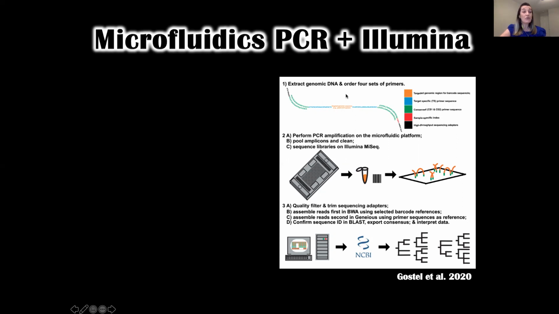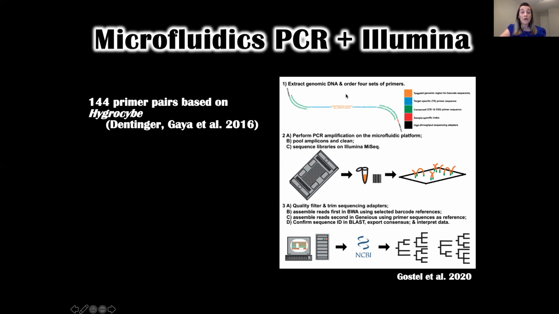And I first wanted to find out if there were new loci to help us with species boundaries in this subtribe. But with the lack of genomes in this group, I attempted to use the most phylogenetic informative loci detected in this paper by Dentinger, Gaia, and colleagues for Agaricales, and I utilized the representative of the family Hygrophoraceae included.